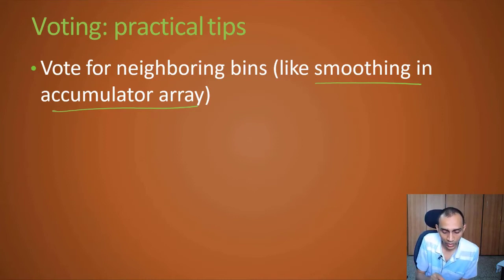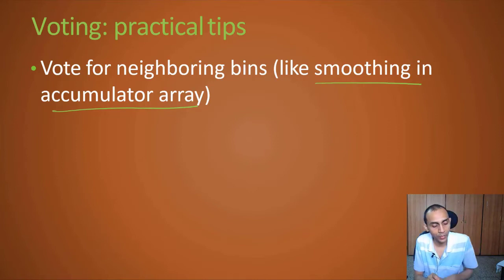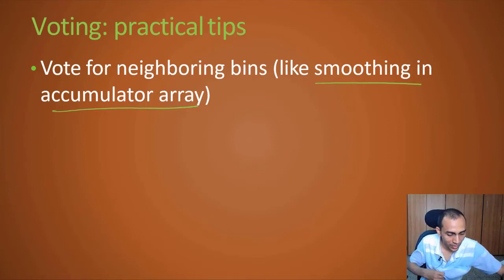So you can first do smoothing on the accumulator array itself before picking up the peak points. Some smoothing will massage the data a little so that you end up getting the peak location in the right bin.